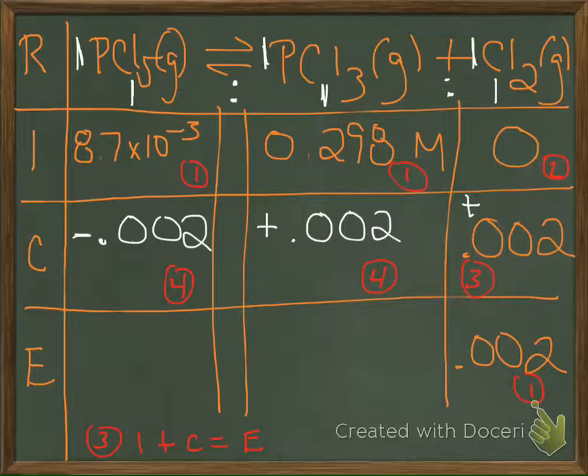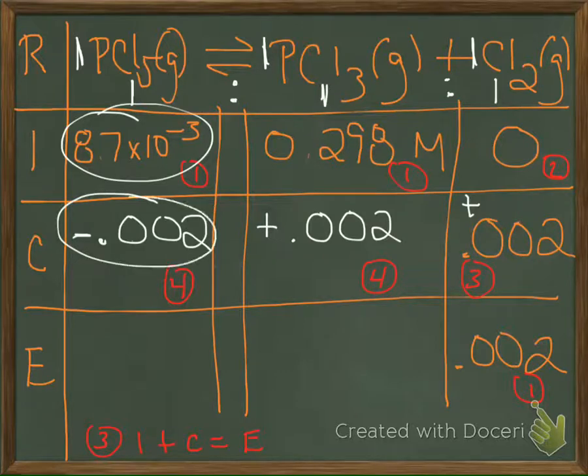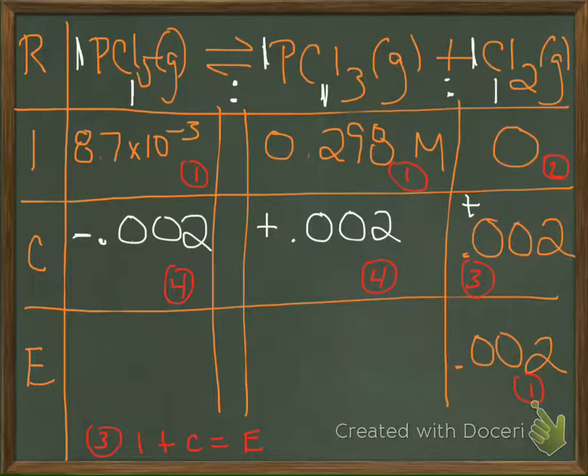Okay, so again, now that we have these boxes filled in, we can figure out our E because we said I plus C equals E. So let's do that. So down below, I know that if I plug this into a calculator, 8.7 plus negative 0.002 gives me a certain value, and that value is going to be 0.29667 molar.